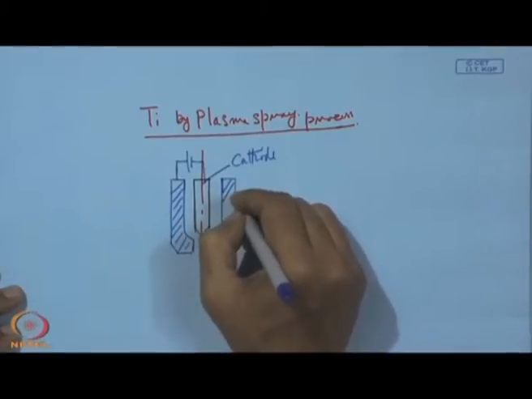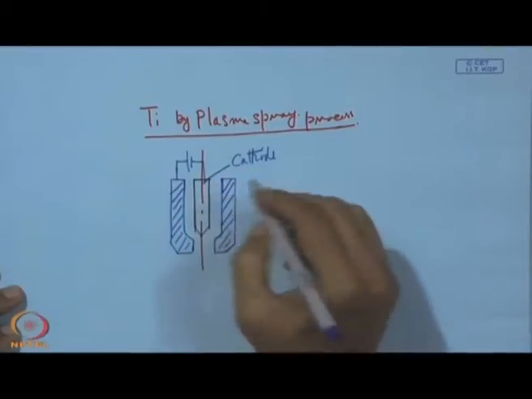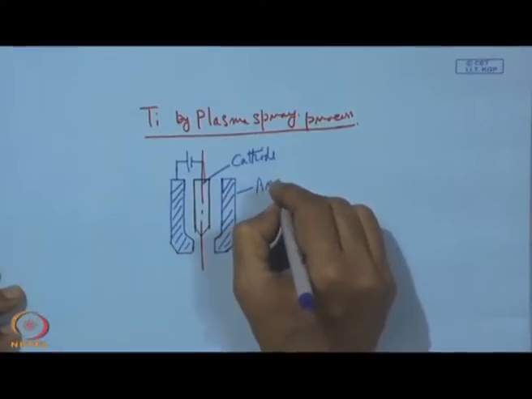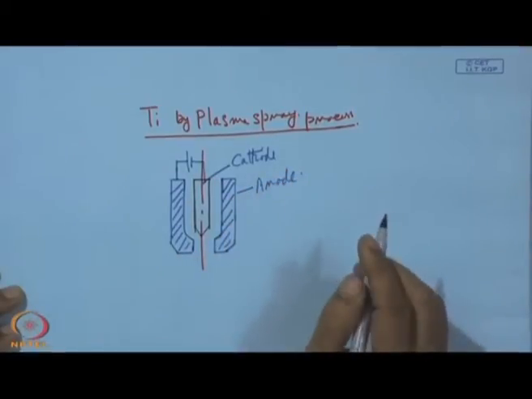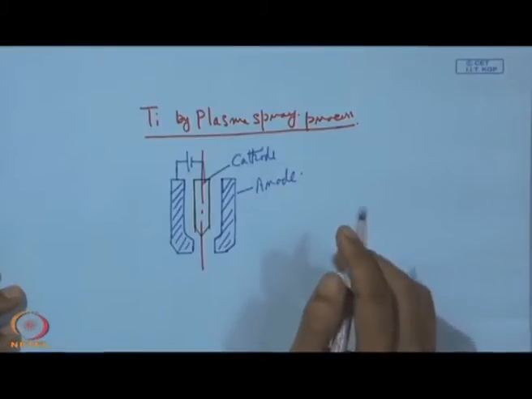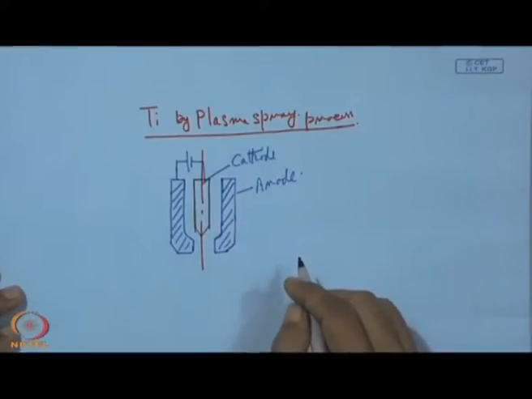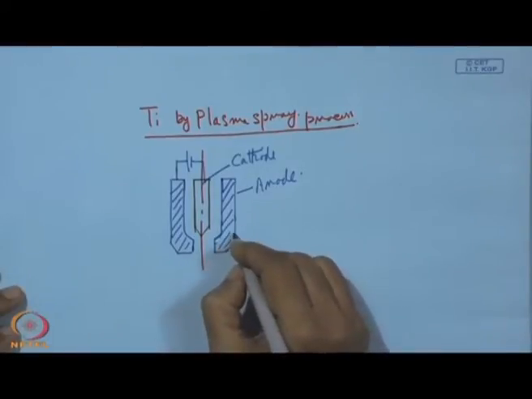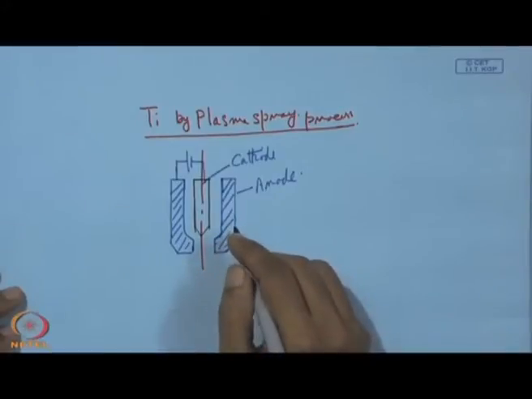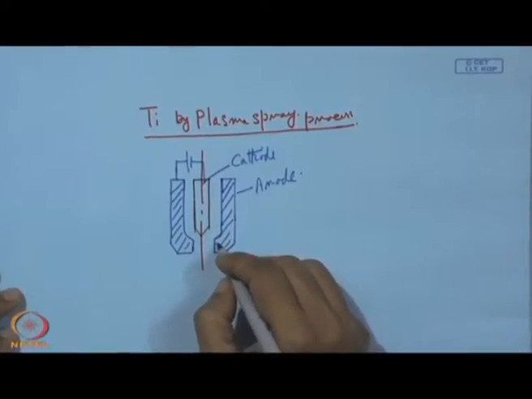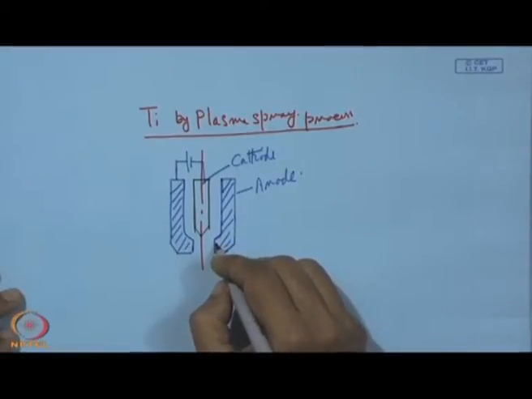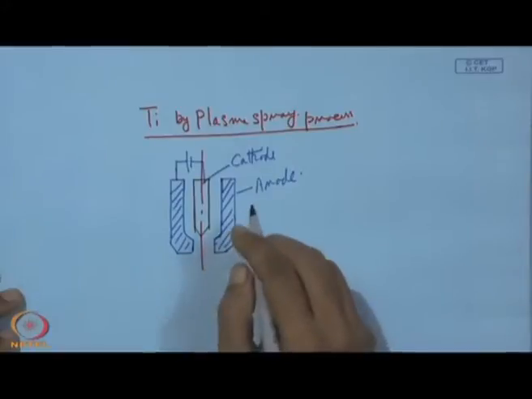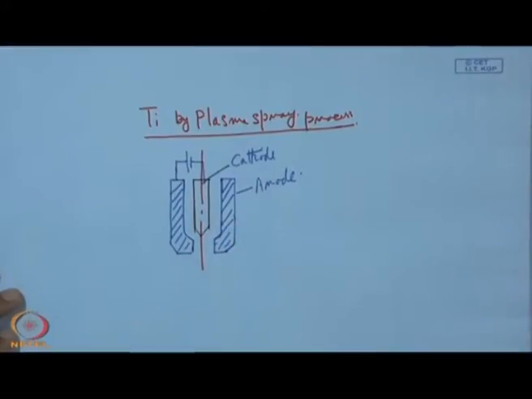This is the anode. Here we see that by the normal route titanium can be deposited by having a nozzle somewhere here, because in this case it is just the melting of titanium, and it is not a stringent requirement of temperature. So this can be done, but what can be added in this system?